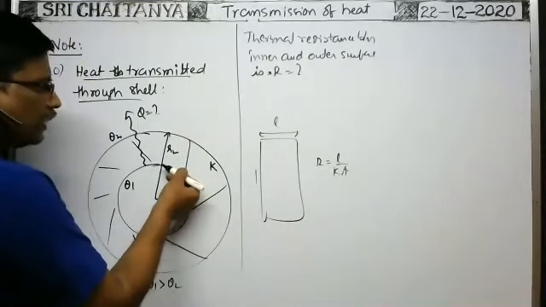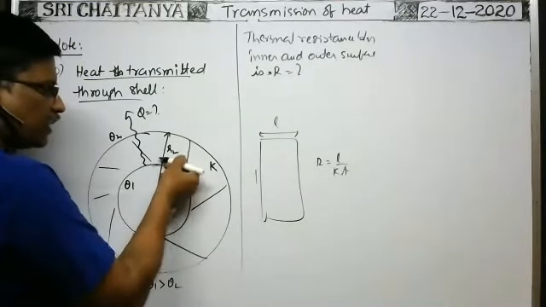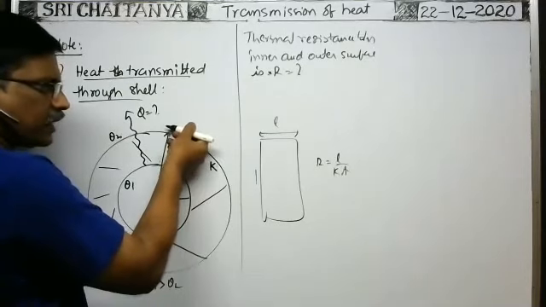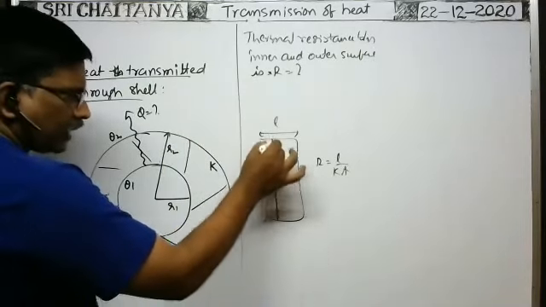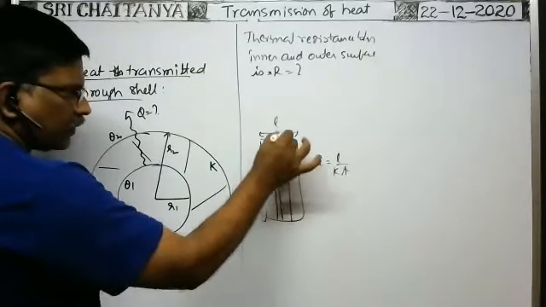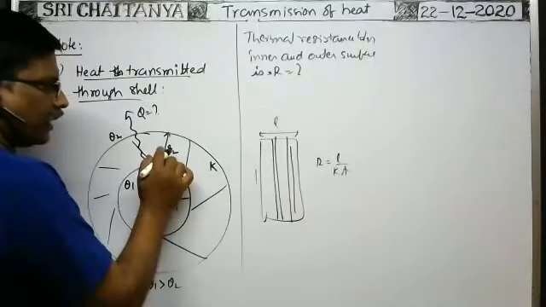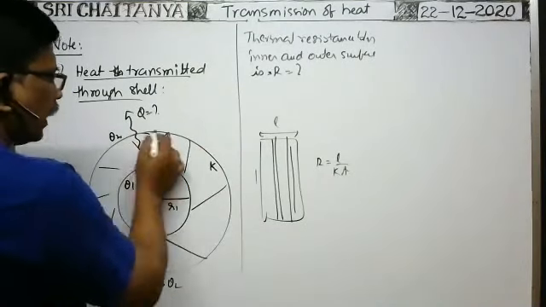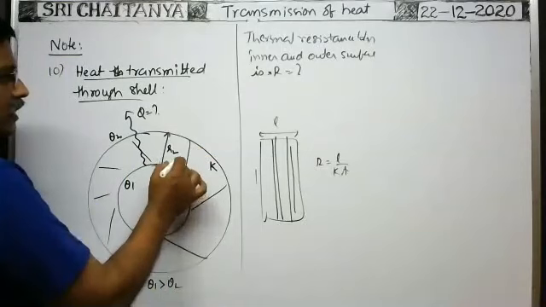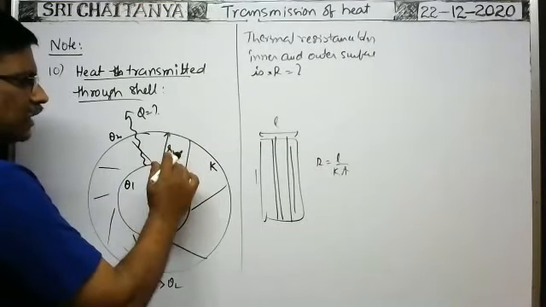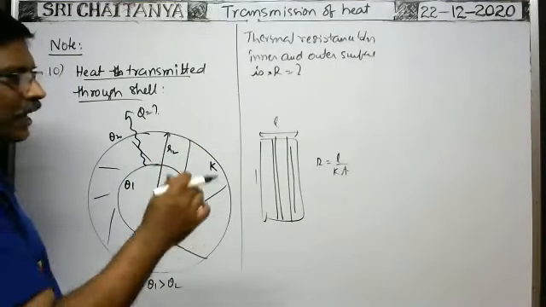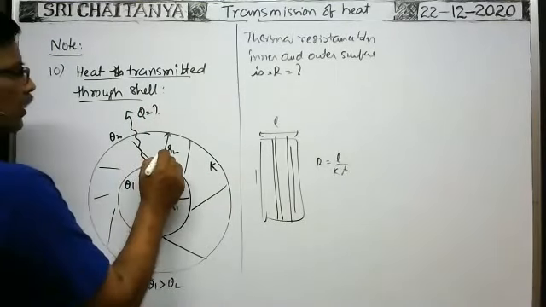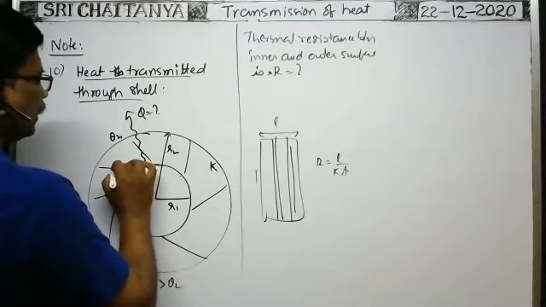This works when the area of cross section of each and every element remains the same. But here, the area of the inner surface is 4 pi r1 square and of the outer surface is 4 pi r2 square, and different spherical elements have different radii, so they have different areas. That's why first you consider a small elemental sphere.